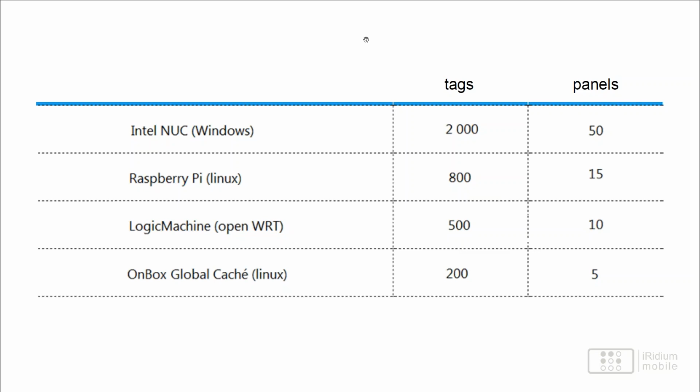Tags means the number of feedbacks, the number of data channels received from equipment and stored on the server to share with control panels. It is only feedback, so it does not mean you have to count all the commands you want to send to equipment. You have just to count the number of data that will be received from your automation system, from your equipment, different controllers and systems.